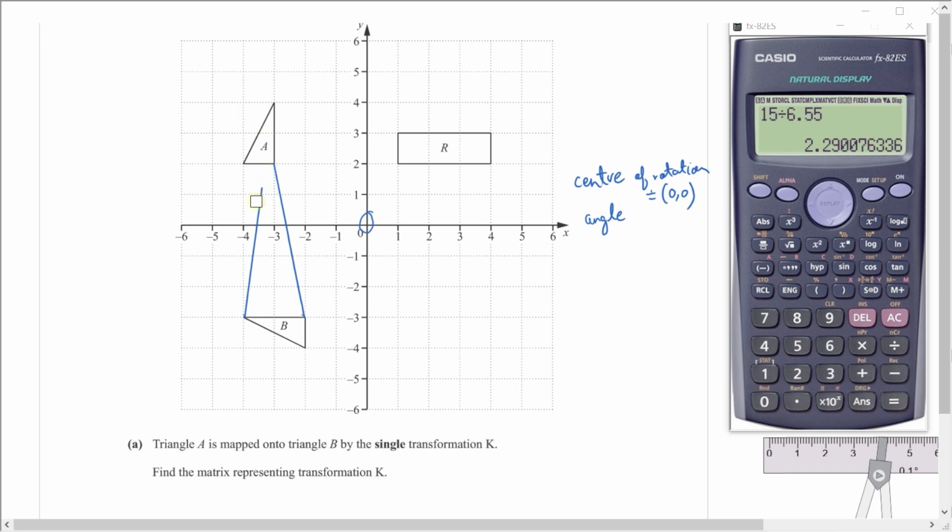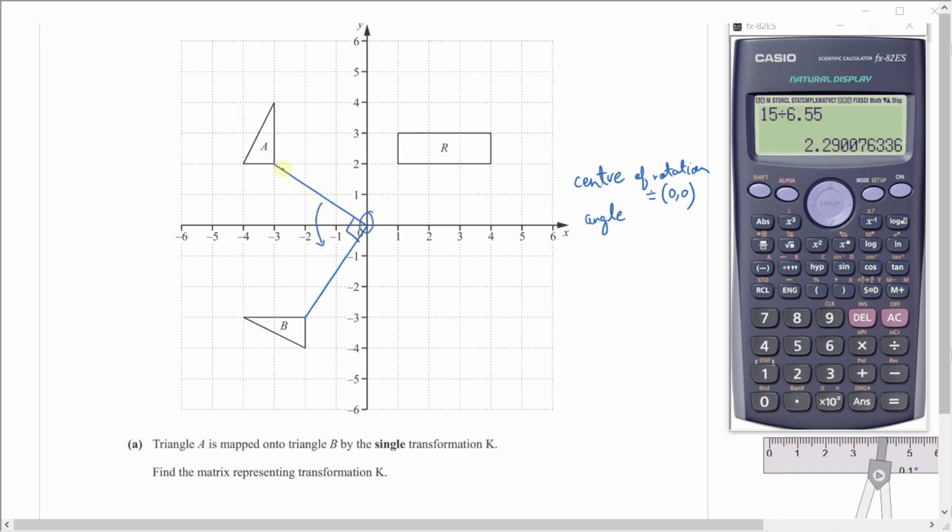Now what's the angle of rotation? So to find the angle of rotation, I will join the object, this vertex of triangle A, with its image. The image of this point is mapped onto this point, so I will join it here. Now, if you measure this angle, this is 90 degrees, and the rotation occurred in this direction.